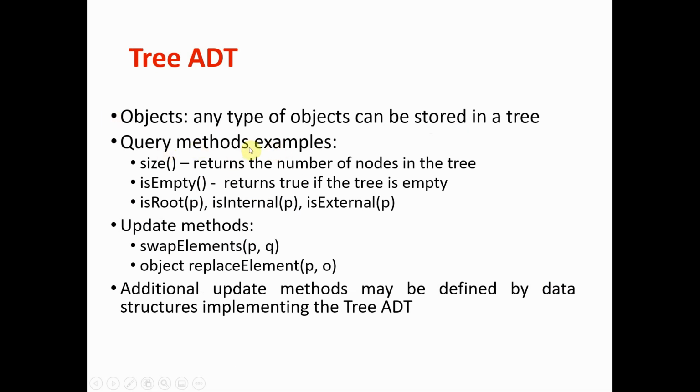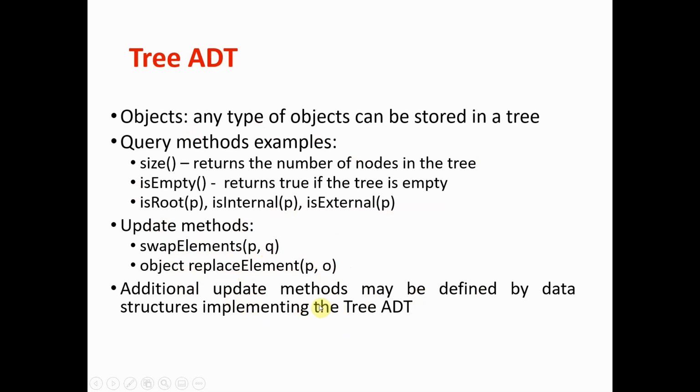Other member functions or methods that you can have include returning the size or the number of nodes in a tree, knowing if your tree is empty or not, if a certain node is root, internal, or external, swapping elements of two nodes, or replacing the element with something else. There are many different things that you can do for a tree class. Additional update methods may be defined by data structures.